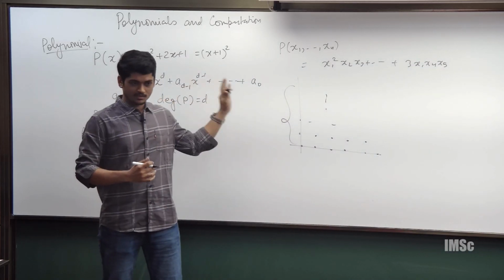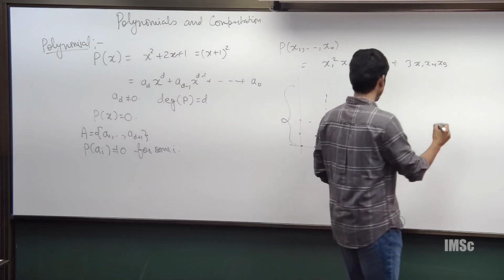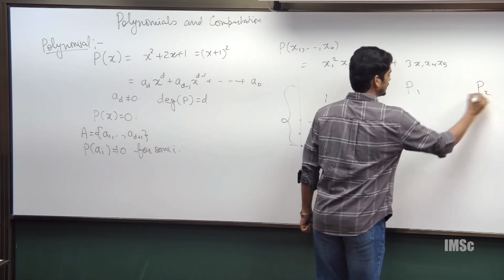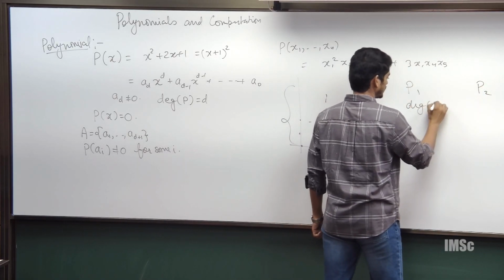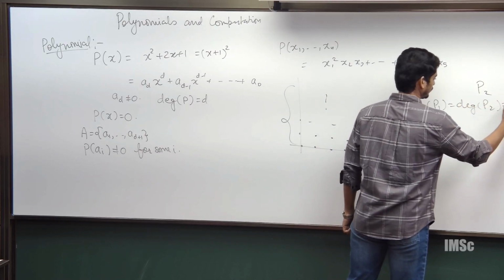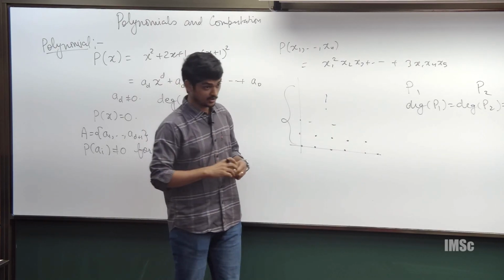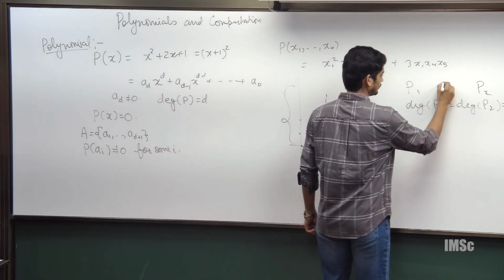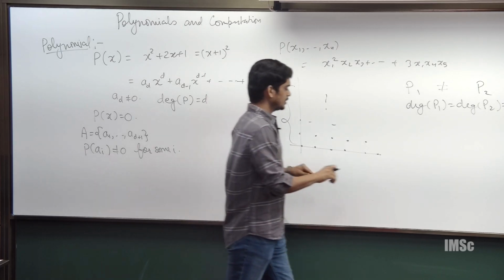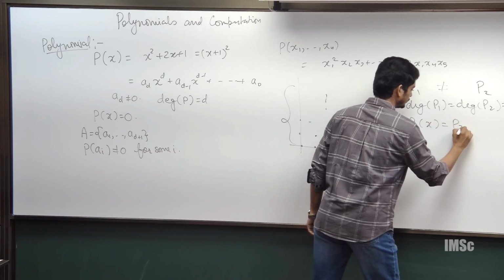So now the next thing will be, let us look at two different polynomials. So let us say you have P1 and P2 and both have degree, let us say they are equal, degree d, but the polynomials are not equal. And now I want to say how many points can there be such that they are equal.